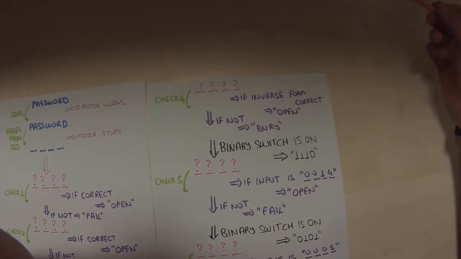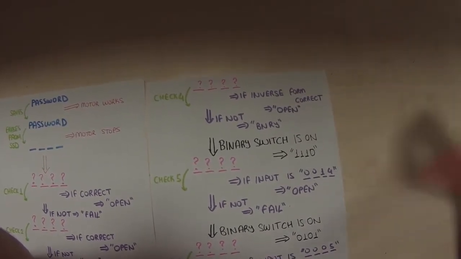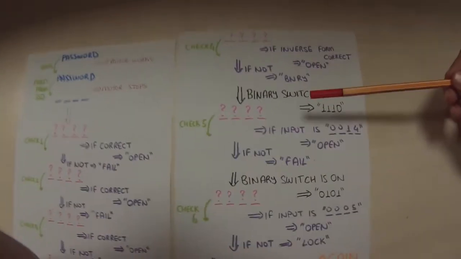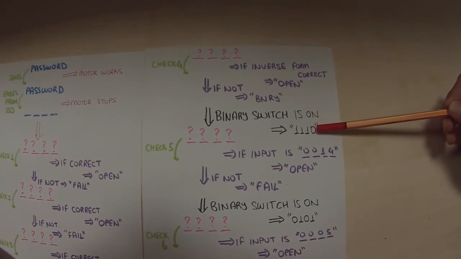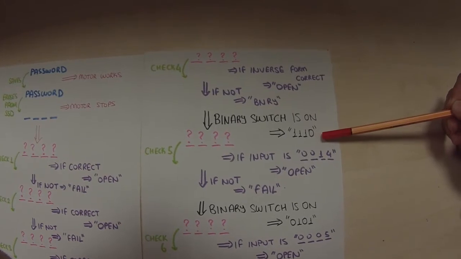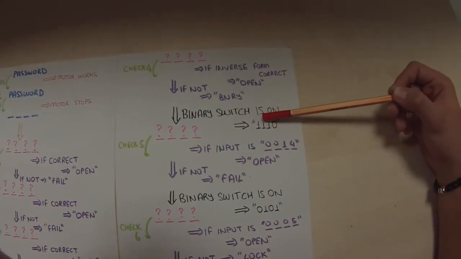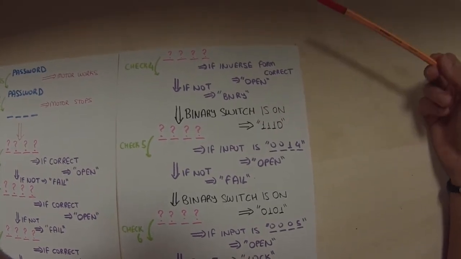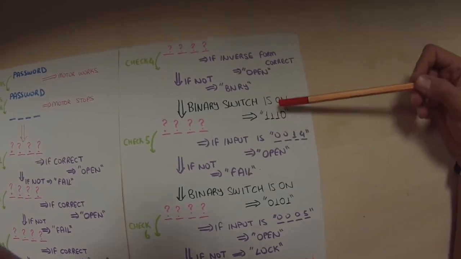It asks for a binary number, and you need to know its decimal form to open the system. There will be another switch, and using this switch you will be able to see what the binary number is, and it will be 1110. It's predetermined because it's a basic project, so it's just like a game.